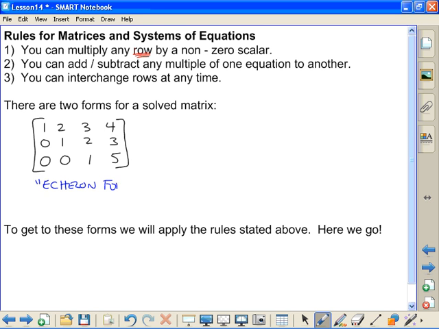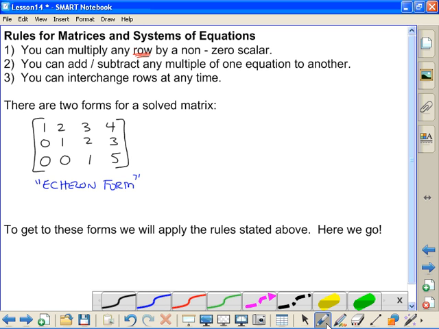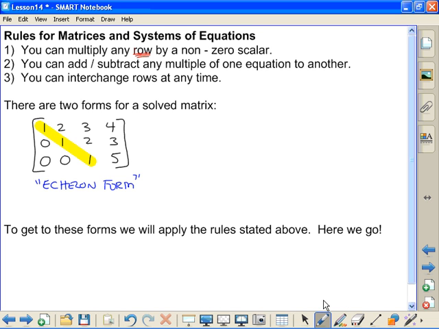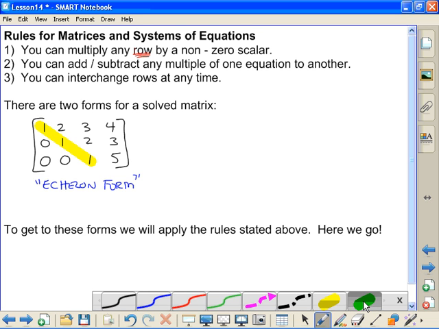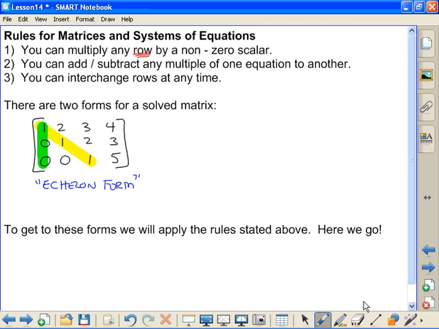Echelon form has ones on the diagonal, and for each column, it's in the order 1 and then all zeros.